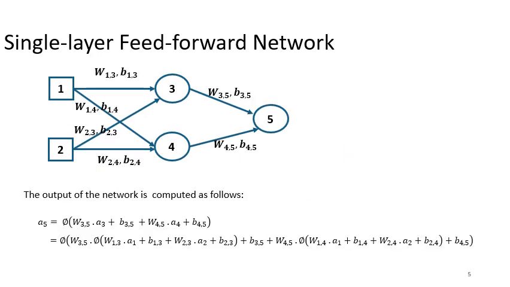Now let's understand how the output of our single layer feed-forward perceptron is calculated. For a specific unit, say E5, it's computed as E5 equal to the activation function phi applied on the sum of weights multiplied by values.